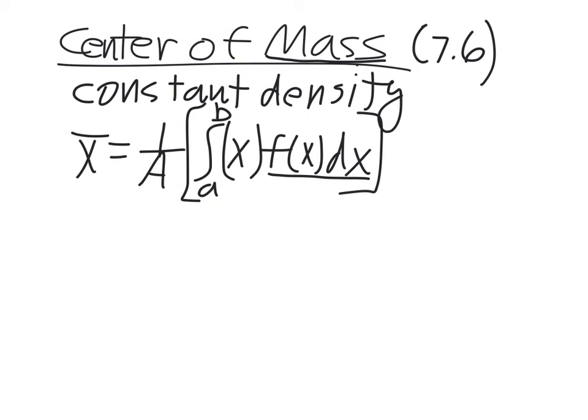So we'd have rho times all of this, and then in the denominator, instead of area, we really would be calculating total mass. Mass, again, is area times density, so it'd be A times that constant density. With the constant density in the numerator and the constant density in the denominator, they cancel out, and so x bar can simply be written this way.